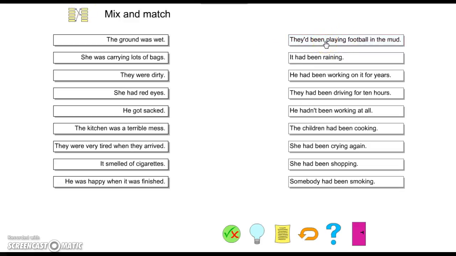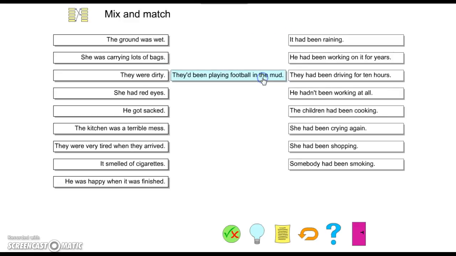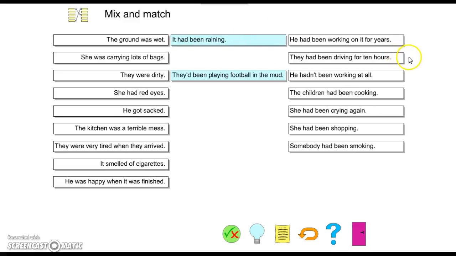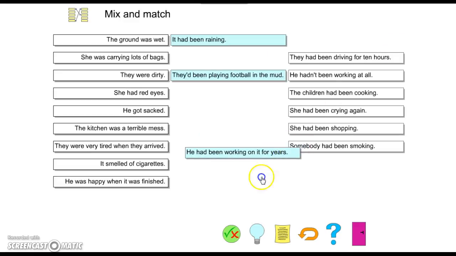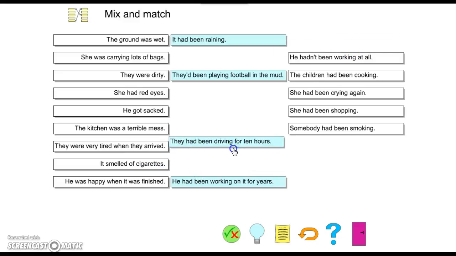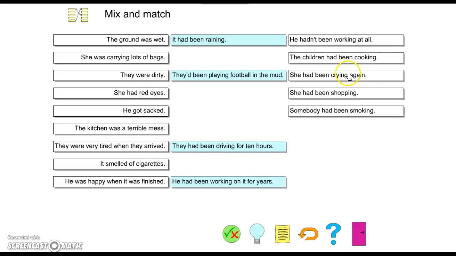They had been playing football in the mud. That means they were dirty. It had been raining. That means that the ground was wet. He had been working on it for years. That means that he was happy when it was finished. They had been driving for 10 hours, so they were very tired when they arrived.